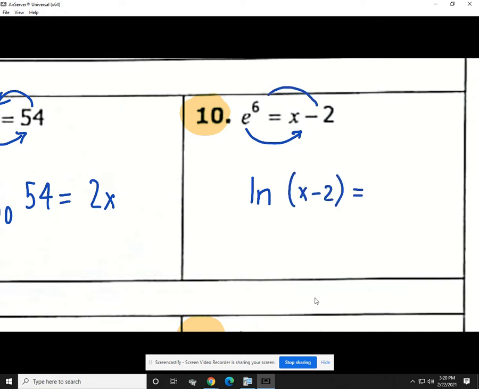And what does that equal? It equals 6. Now, I put the x minus 2 in parentheses just to remind you that that whole thing is together. That's really important in this case, so don't forget that. So it's ln of (x minus 2), that's your argument, that's why it's all in parentheses, equals 6. So that's rewriting from exponent to log.